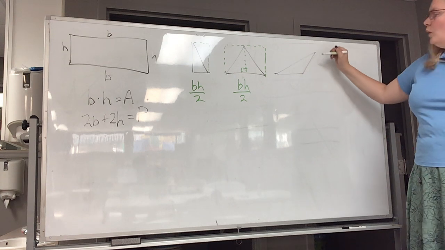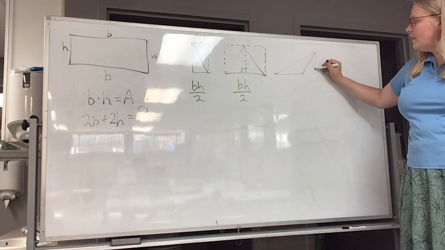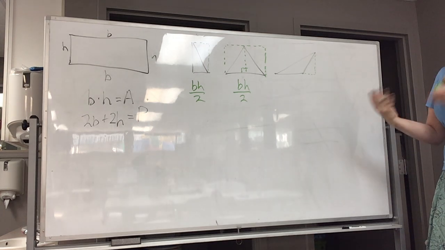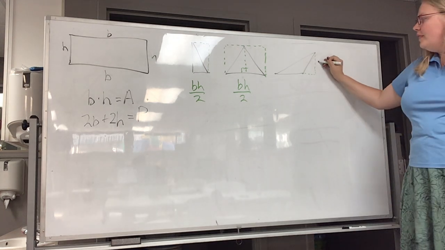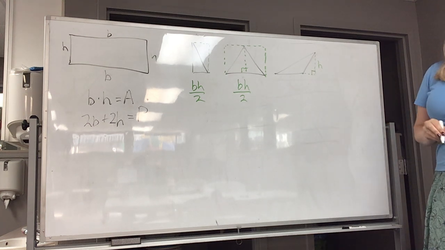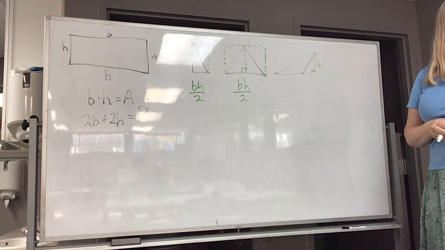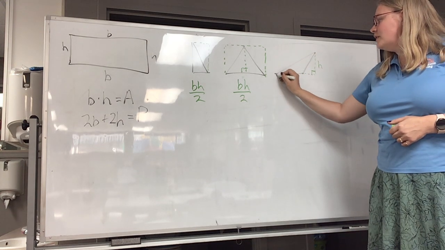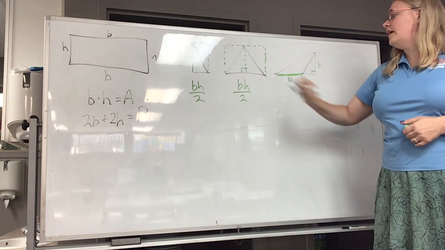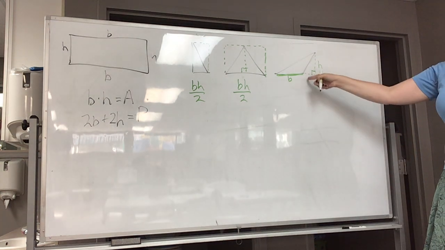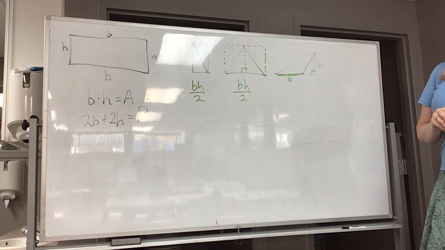If we extend it out here, when you're given a triangle that's hanging over the edge like this, this is still the height, the distance from the ground or from the base at a right angle. But the base is still just the length of this side. This formula still works.